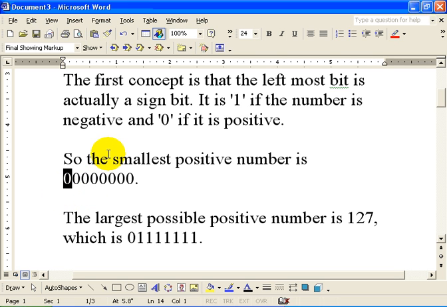So obviously the smallest possible number that we can store that's positive is a set of 8 0 bits. 0, the leftmost 0, because the number is positive, and the remaining 7 bits indicate that the absolute value of the number is 0. So our smallest positive, or non-negative number, perhaps I should say, is plus 0.